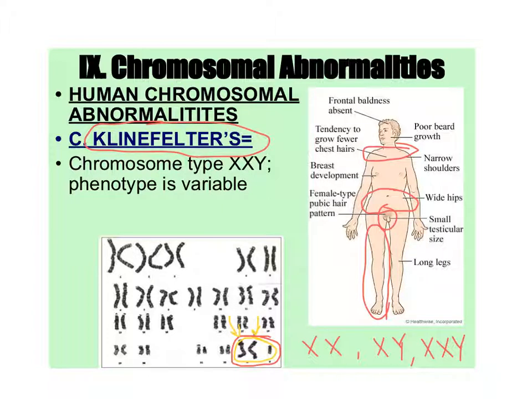You get the male pattern baldness. So basically, it's kind of a combination of male and female traits. But what you need to know is it comes from non-disjunction, which is a failure of chromosomes to move away from each other or separate during meiosis.